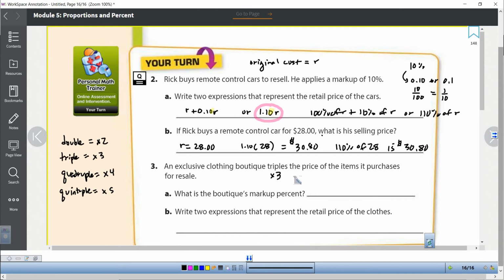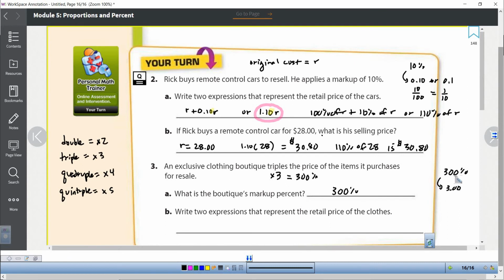Times 3. Well, times 1 would be 100%. Times 2 would be 200%. Times 3 is going to be 300%. I guess I should have put it down here. So what is the markup percent? It is 300%. Now, 300% as a decimal is going to be 3.00, right?